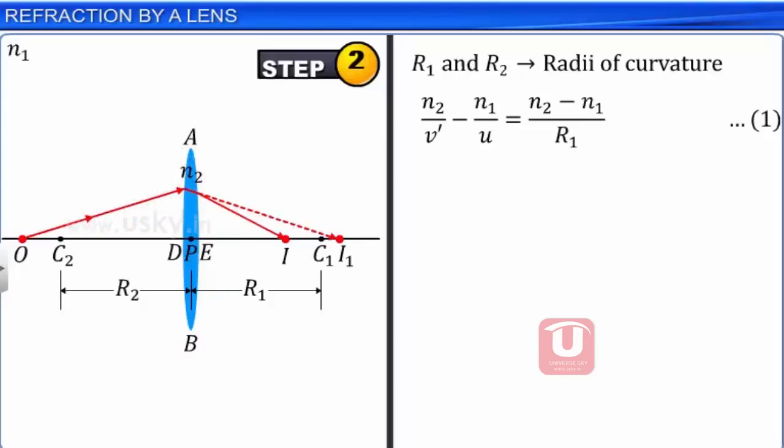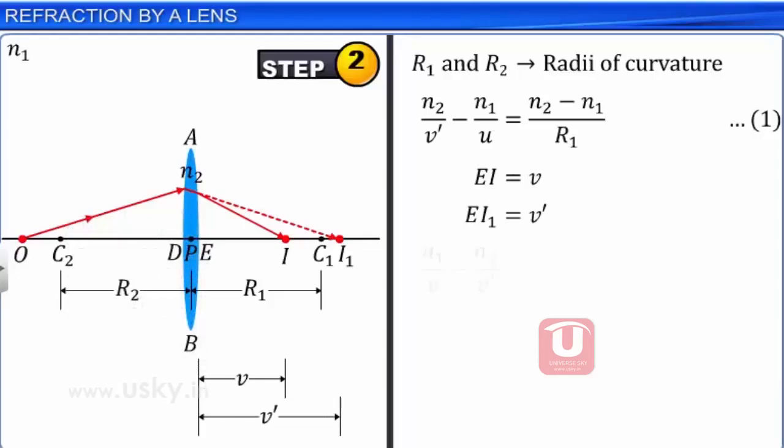On adding equations 1 and 2, we get n1 into 1 by V minus 1 by U is equal to n2 minus n1 into 1 by R1 minus 1 by R2. This can be written as 1 by V minus 1 by U is equal to n2 by n1 minus 1 into 1 by R1 minus 1 by R2.